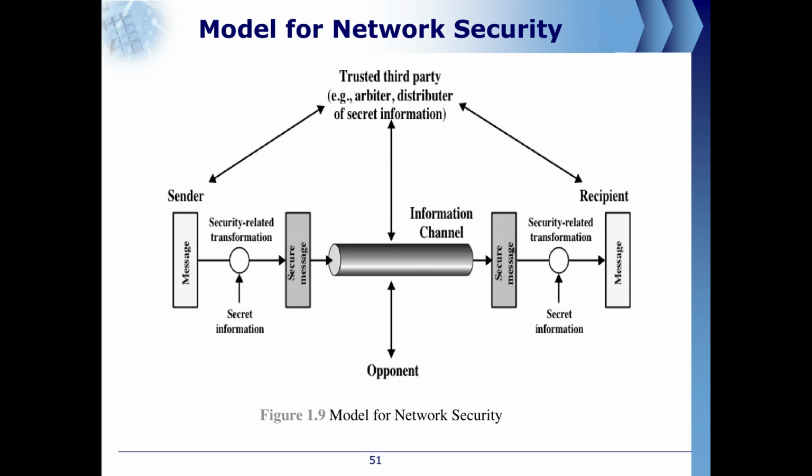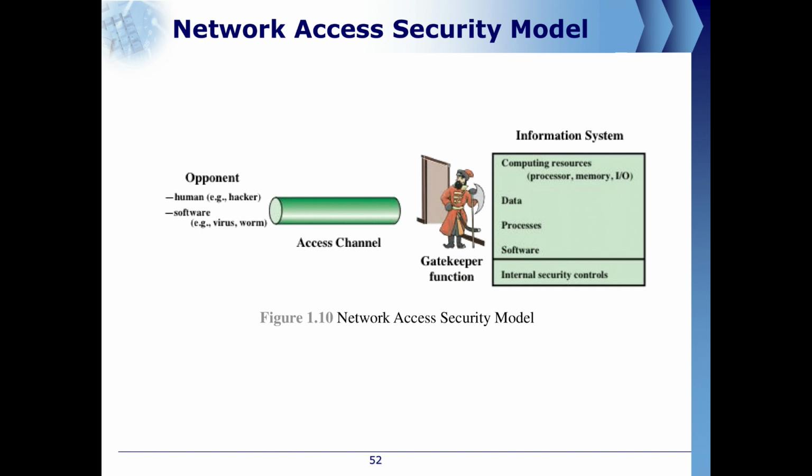The secure message block is then transmitted through an information channel to reach the recipient. Upon arrival, the secure message block undergoes another security-related transformation before being converted back to the original message block for the recipient. This model illustrates the steps taken to secure the information during transmission, emphasizing the use of security-related transformations to protect the message.